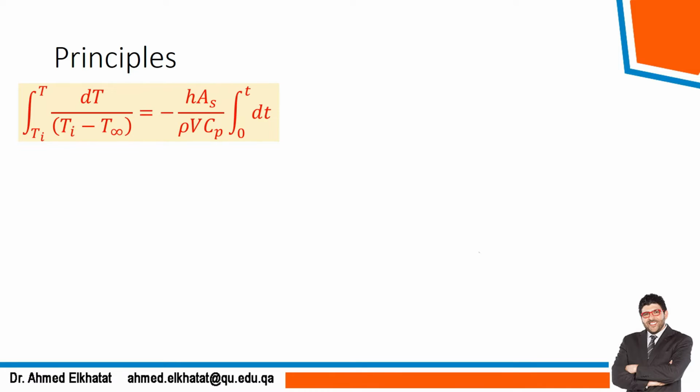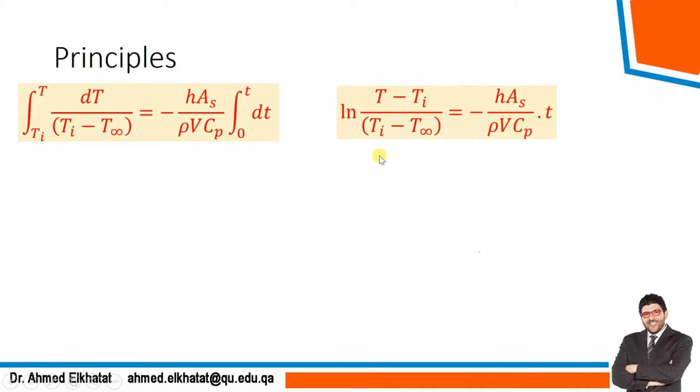By integration I will have ln of T minus T infinity over Ti minus T infinity, equal to minus h As over rho V Cp times t. If I take the exponential, it will be T minus T infinity over Ti minus T infinity equals exponential of minus h As over rho V Cp times t.